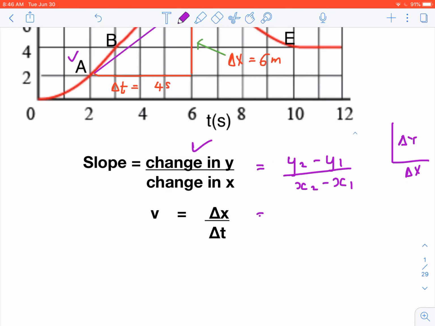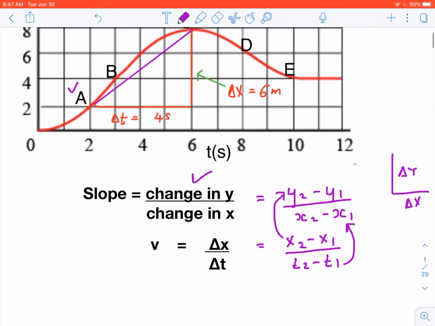But since here we're dealing with position on our y-axis, it is x2 minus x1 all upon, and on our x-axis we've got time, so it's t2 minus t1.